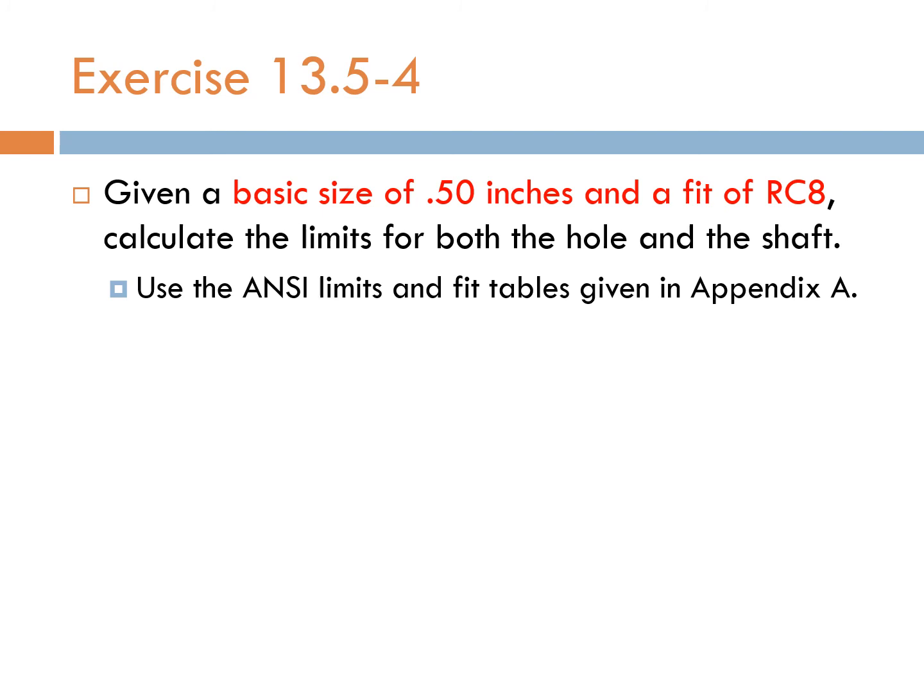The other type of fit is based on what we call the H and G, and that kind of fit is called the metric limits and fits, and that's in your Appendix A.2. The A.1 are the tables for the inches. A.2 are the tables for the metrics.